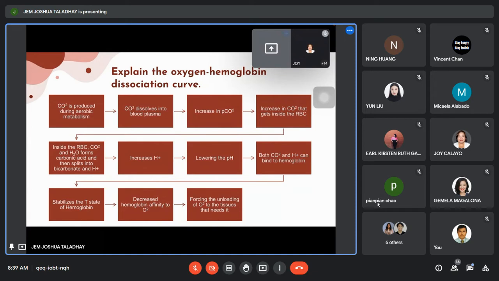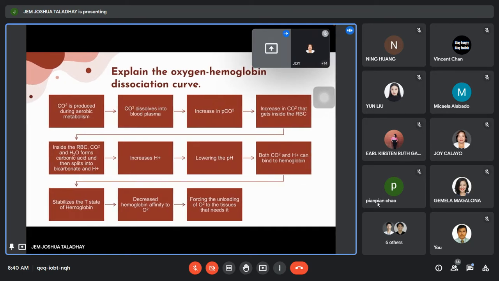Please do note that an increase in CO2 would also result in an increase in hydrogen ions, therefore lowering the pH. Both the CO2 and the hydrogen can bind to hemoglobin. However, they do not compete with the oxygen binding sites of the hemoglobin, but they still stabilize the T state of hemoglobin, or the tense state, therefore decreasing the hemoglobin affinity to oxygen and forcing the unloading of the oxygen to the tissues that need it.